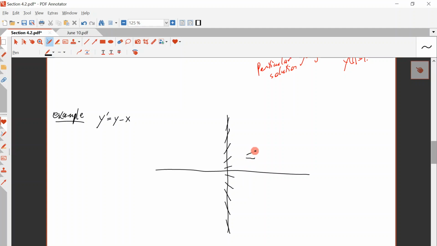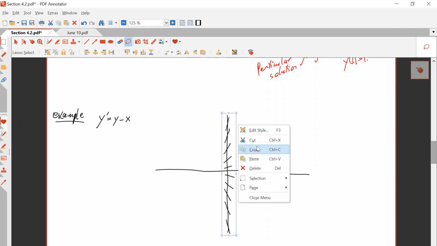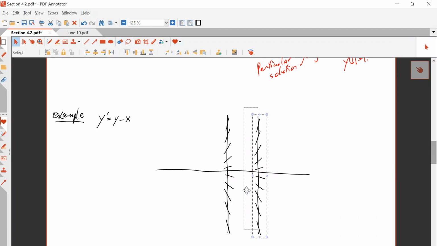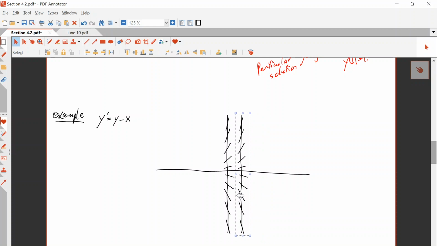And then it goes up from there. Actually, let me copy this over and see how that's going to work. So shifting up 1 unit.